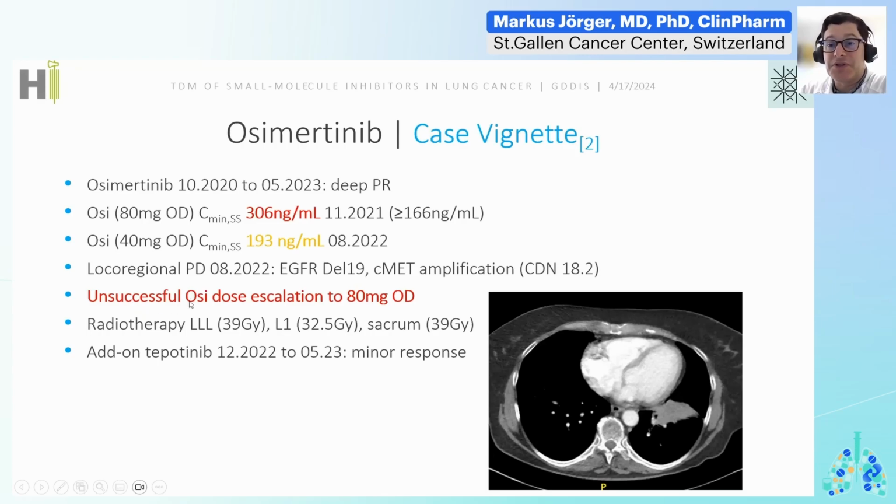We first tried to dose re-escalate OSI, and as we would probably expect, we were not able to salvage her because you can see that already with the 40 mg she was above what we would consider the target range. So we had to salvage her using radiotherapy, and we were able then also to add a MET inhibitor because she had this amplification.